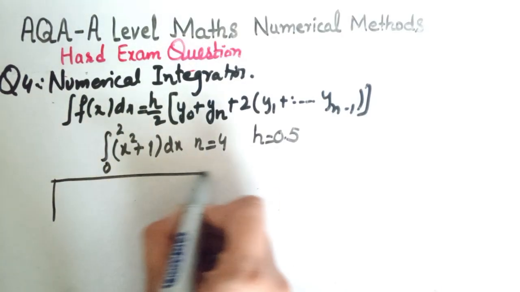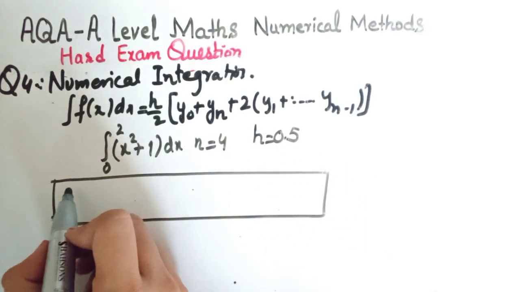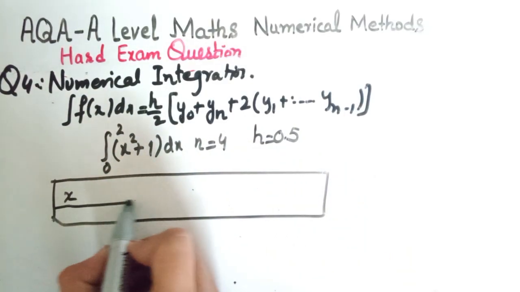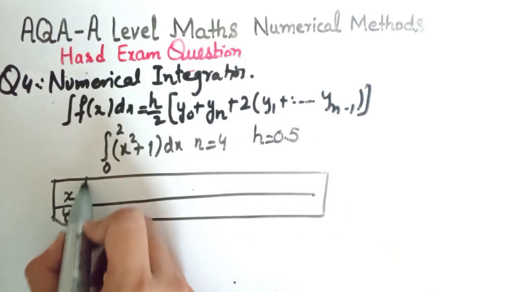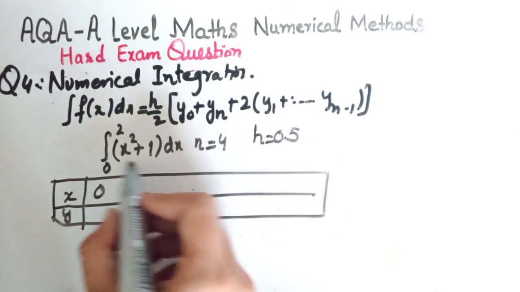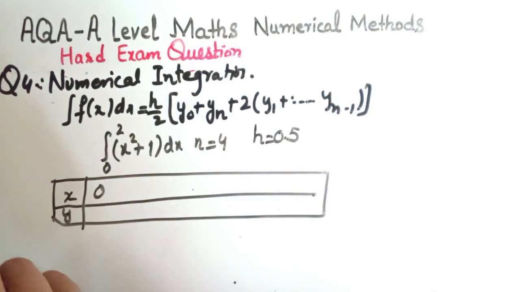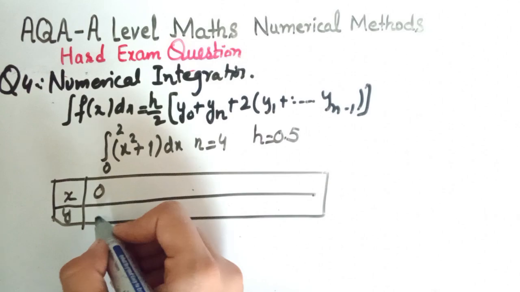So we will construct a table. First of all, write the value of x and write the value of y. X is 0, when we apply 0, the answer of y is 1.